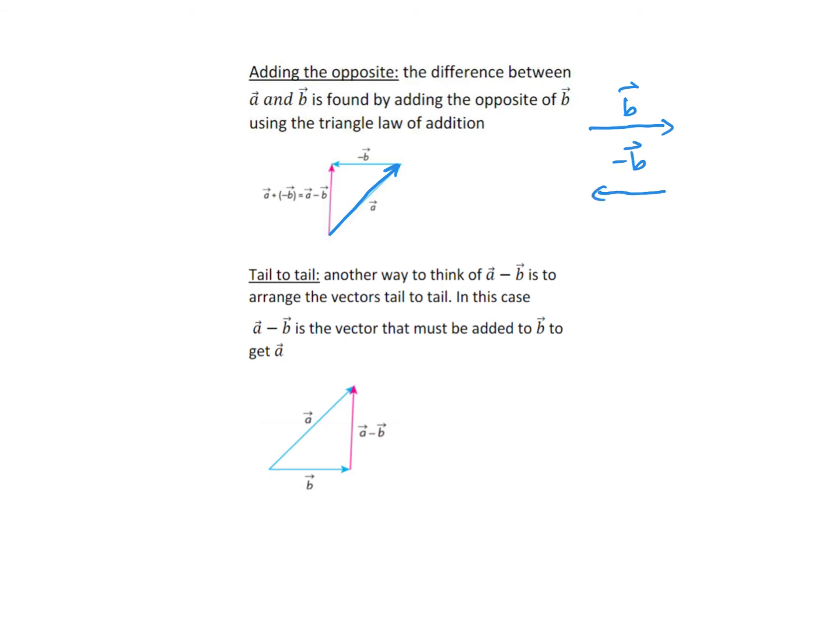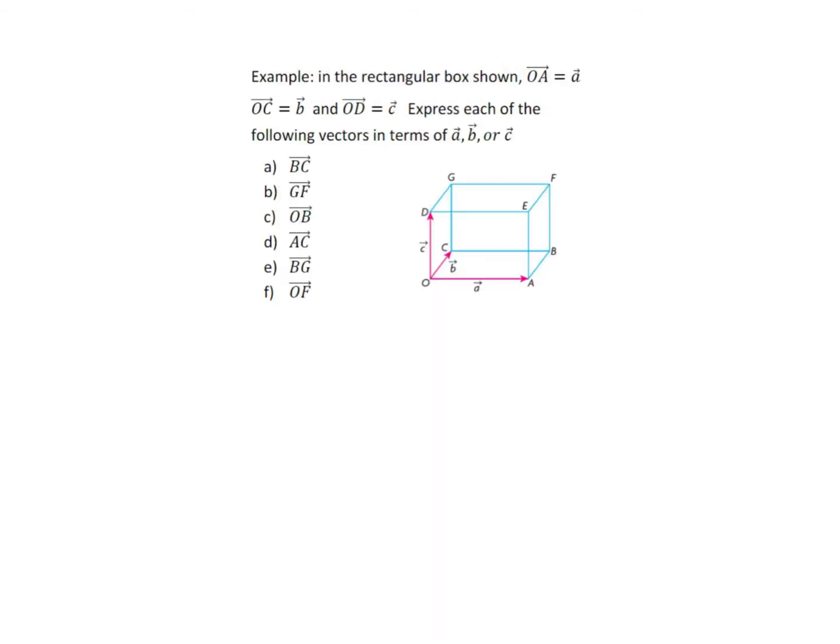So I'm going tip to tail, and this time B is going this way instead of to the right. And then the resultant would look like this. You can also think of A minus B, instead of tip to tail, as doing tail to tail, and then the resultant would be the subtraction of the two.